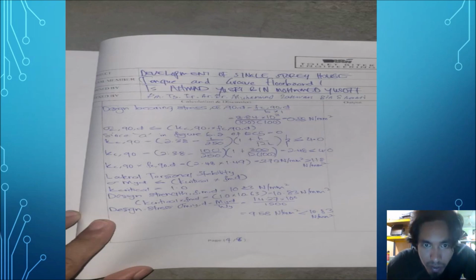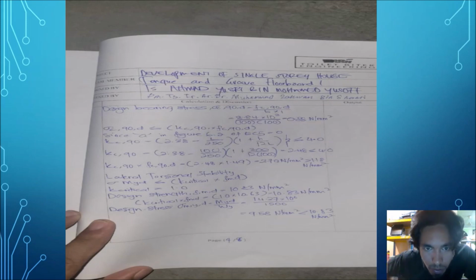Design bearing stress sigma c,90,d, kita gunakan rumusan Fc,90,d per b kali l, kita dapat 0.88 Newton per millimeter square, manakala untuk kc,90 kita menggunakan rumusan 2.38 tolak 100 per 250 kali 1 tambah 300 per 12 kali 10 kali 100, 2.48 lebih kecil daripada 4.0.